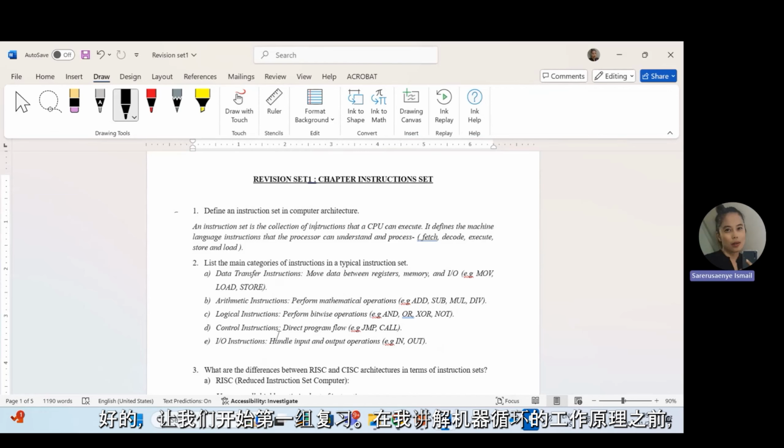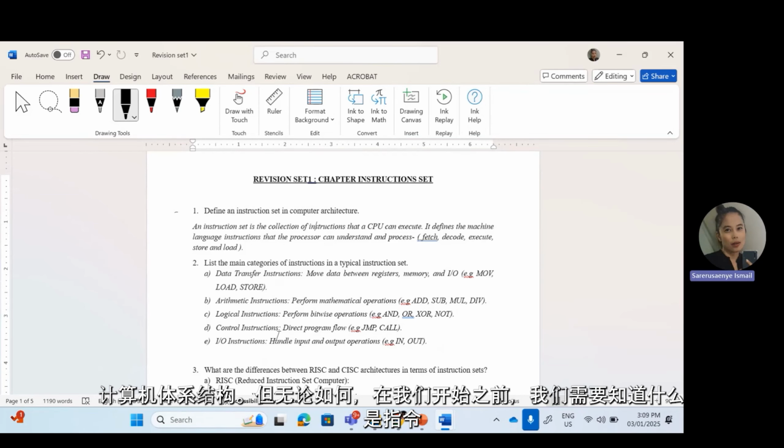Okay, so let's go to revision set 1. Before I go into how the machine cycle works and that exercise, let me share certain general information, I mean that kind of knowledge in computer architecture. Basically, we have two types of computer architecture. But before we go to that, we need to know what an instruction set is.